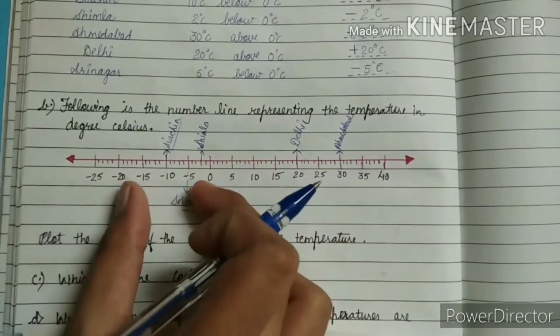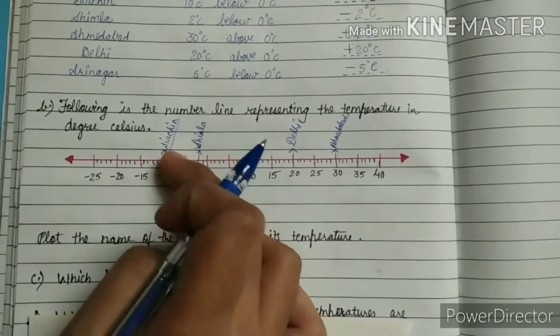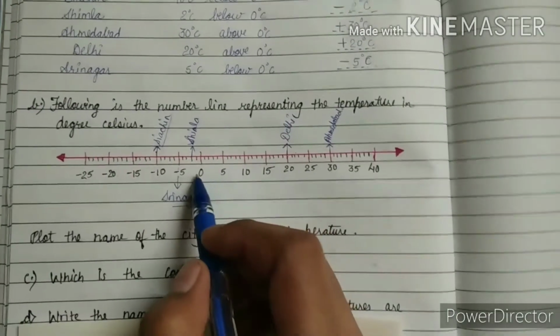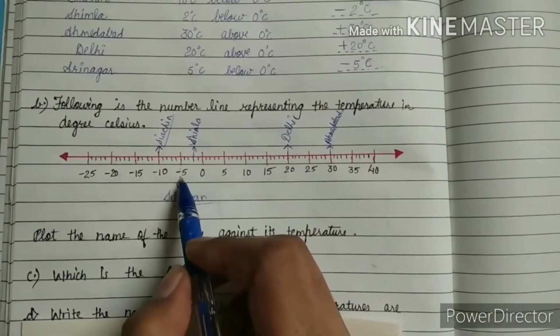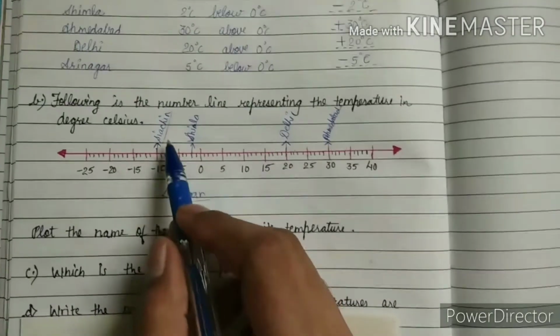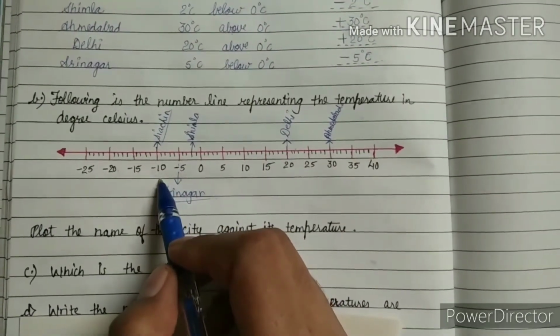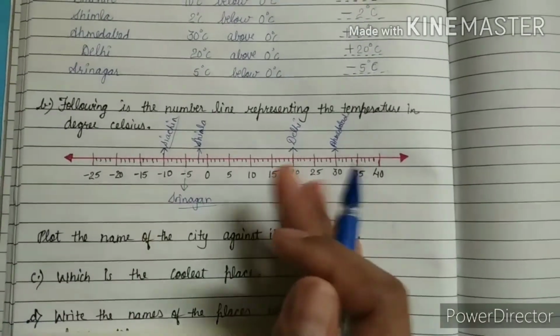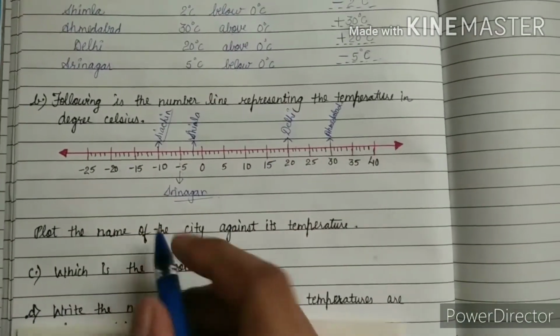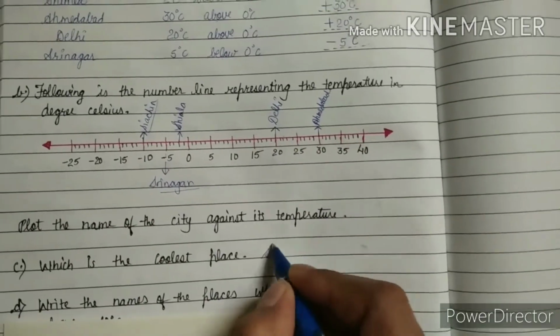So we have to compare only these three: Shimla, Srinagar and Siachen. Shimla is having the temperature of negative 2. Srinagar is having the temperature of negative 5. And Siachen is having the temperature of negative 10. So among the negatives, who looks bigger? Actually it is smaller. So its answer is Siachen.